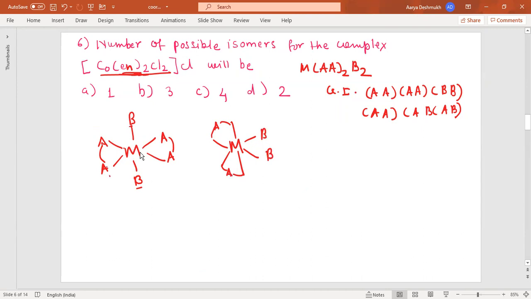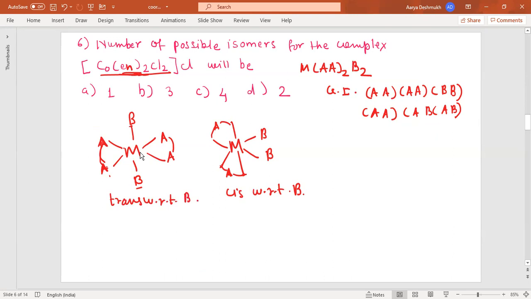Both are correct. If I write AA here and join them together, it is one and the same. Now this is the cis isomer with respect to B, and this is trans with respect to B.